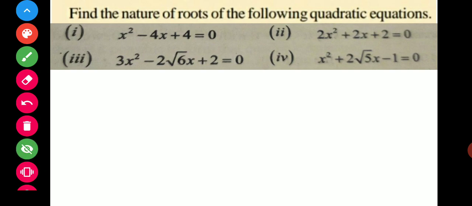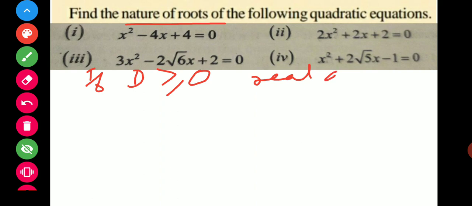First of all, if D is greater than 0, the nature of roots is real and distinct.